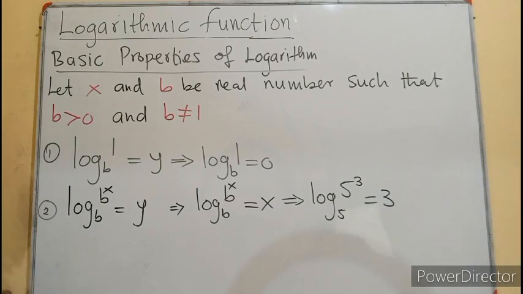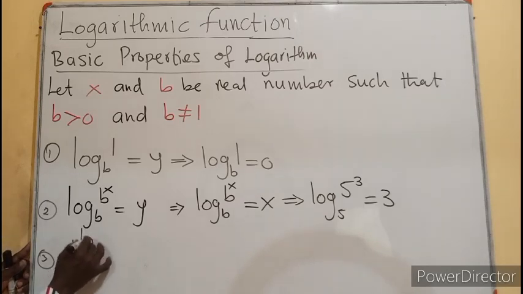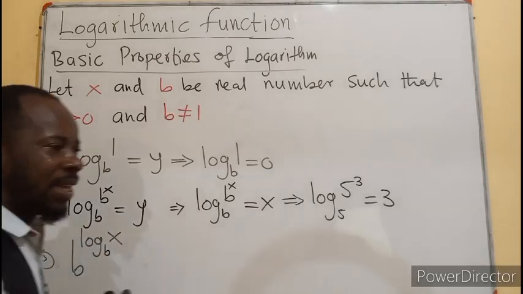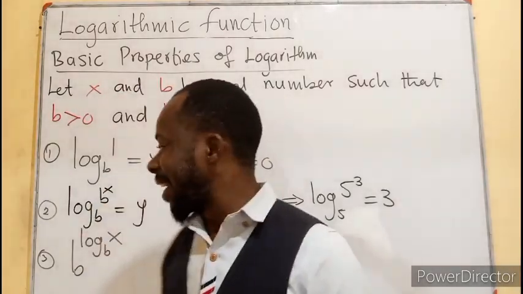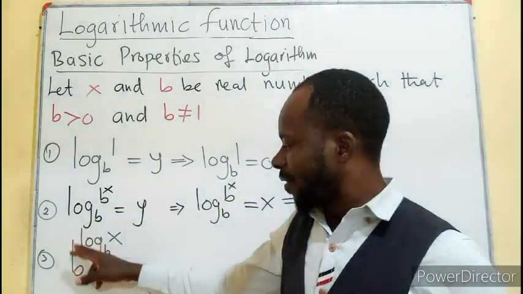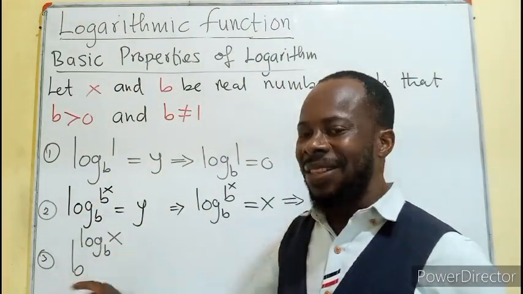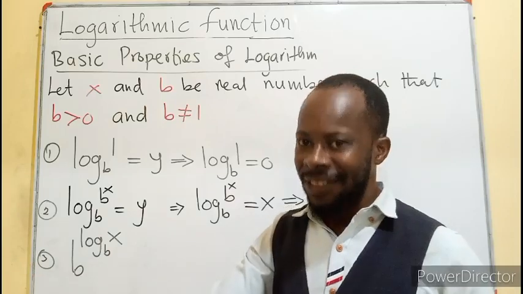Let's say in this case we are having b as a number which is having a power of a logarithm. The exponent is a logarithm, and the exponent also has x and a base b. The attention here is that the base of the logarithm, which is the exponent in this case, is the same as the base of the indices.